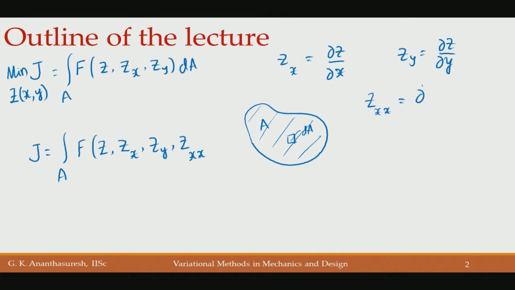It stands for the second derivative of z with respect to x twice. So, we can also write zyy, that is dou square z by dou y square, and we can also have a mixed derivative zxy, that is dou square z by dou x dou y, or dou y dou x, right. So, we also look at this.